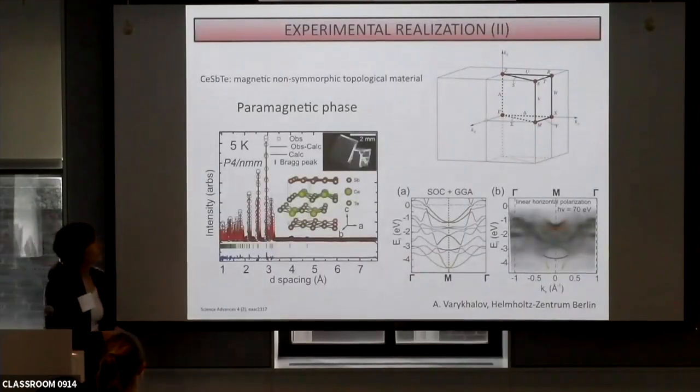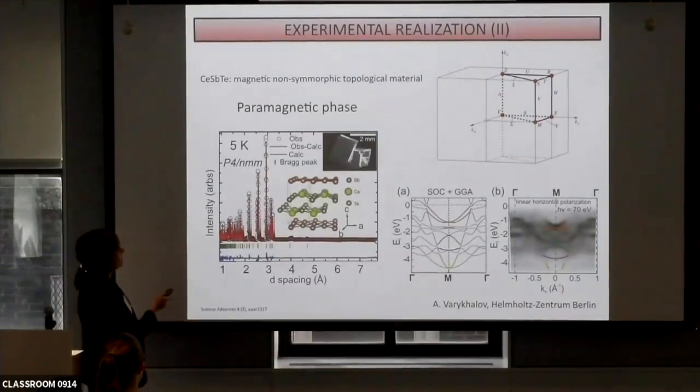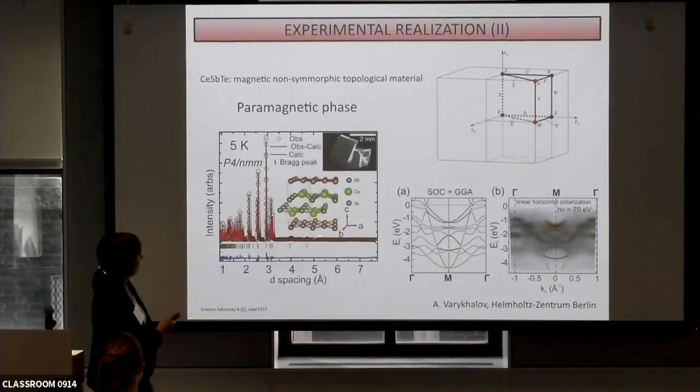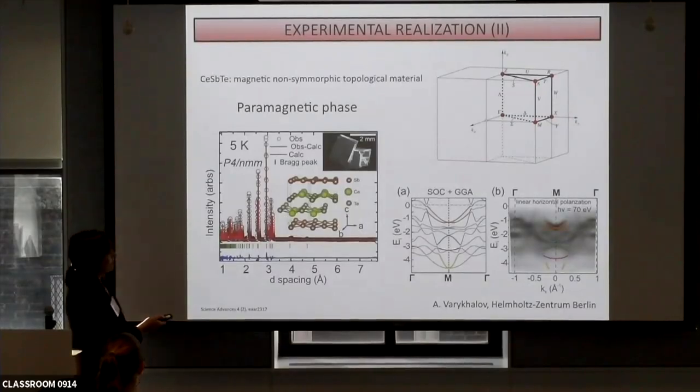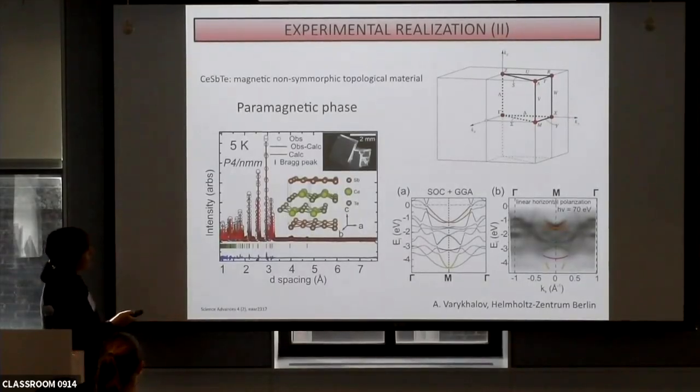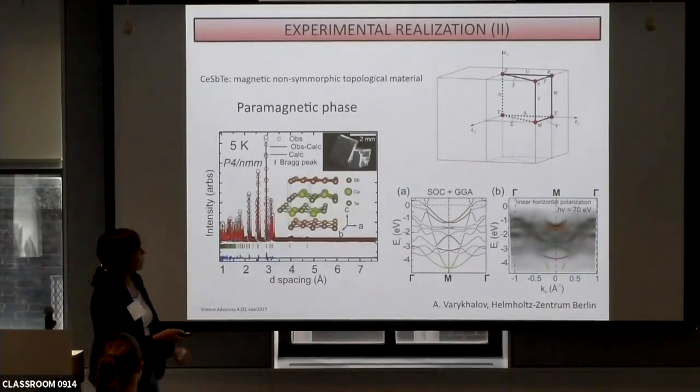The second experimental realization was in a non-symmorphic topological material of the family of the square net compounds that Leslie likes very much. And we have cerium, and cerium is a rare earth, and it has 8 electrons, and this can be something very complicated with DFT.